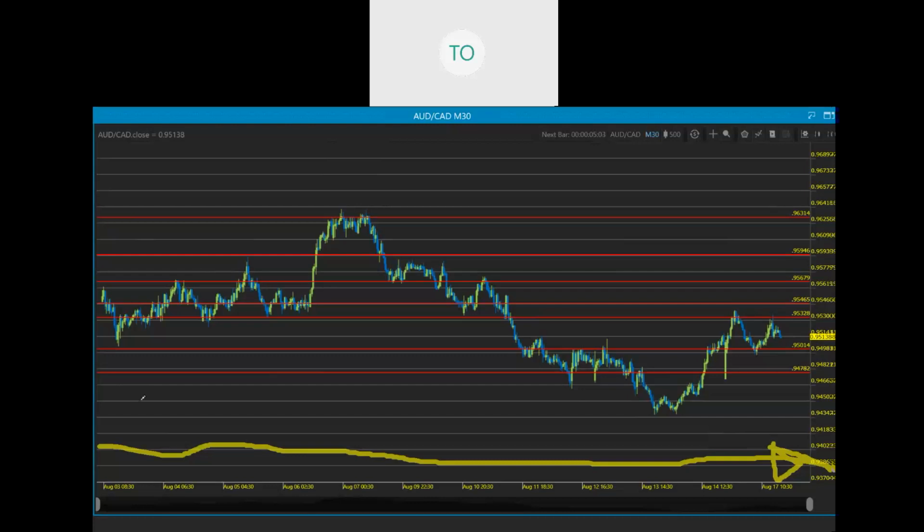So as you can see at the bottom here, essentially we have time. Those are timelines, and this time depends on the time frame you're using.